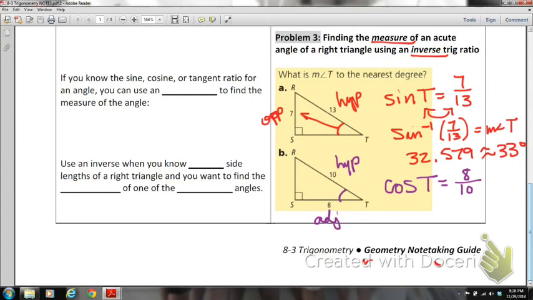So if I take the inverse cosine of 8 over 10, that's going to give me the measure of angle T. So put that in your calculator, you will get 36.8699, which is approximately equal to 37 degrees for the measure of angle T.